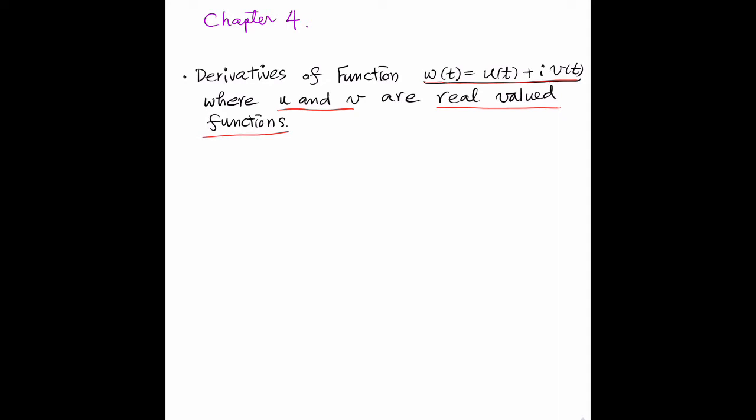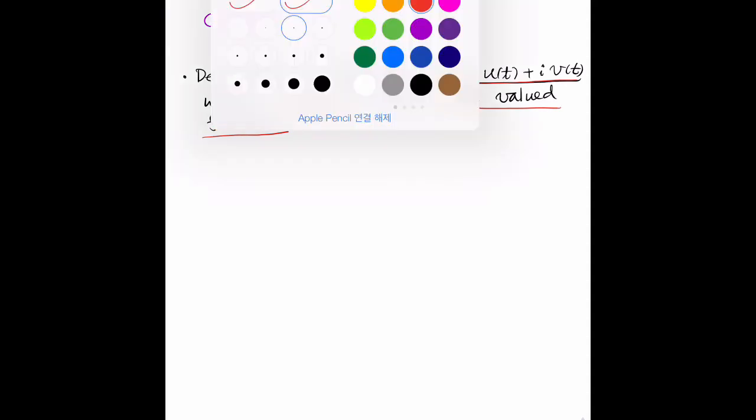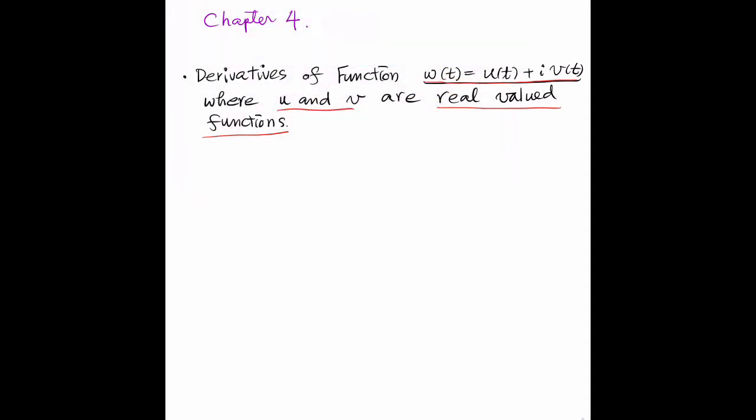In this case, we are going to define the derivative of function w with respect to t. So we define w prime t equals u prime t plus i times v prime t.